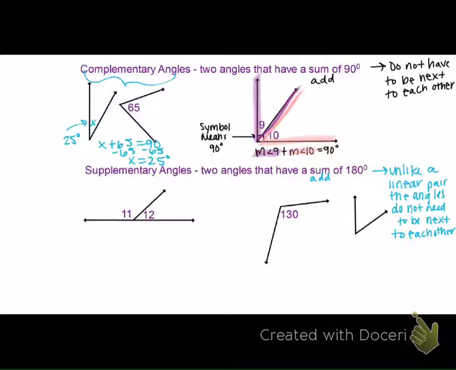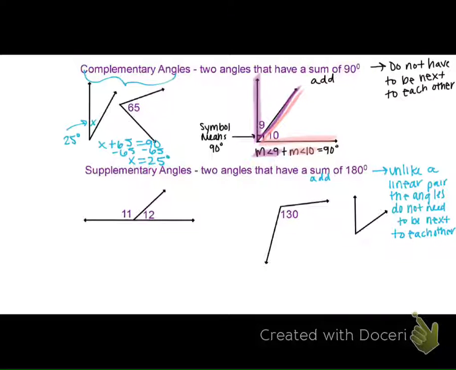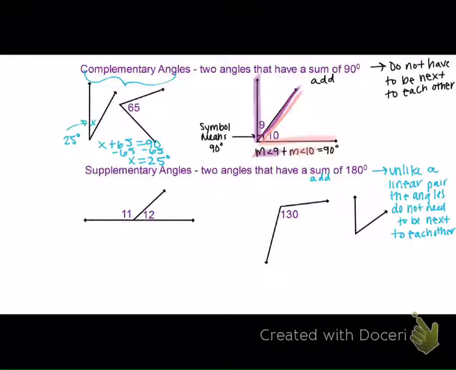Like this first example is also a linear pair, but that second example is not. So Sophia had a really good point here. That first example is a linear pair because they share that side, right? But the second example is supplementary, but it's not a linear pair because they're not touching. All right, so what we know then is the measure of angle 11 plus the measure of angle 12 is 180 degrees.